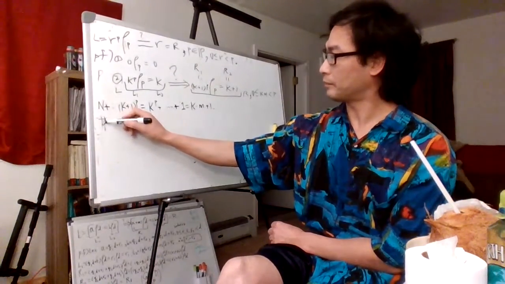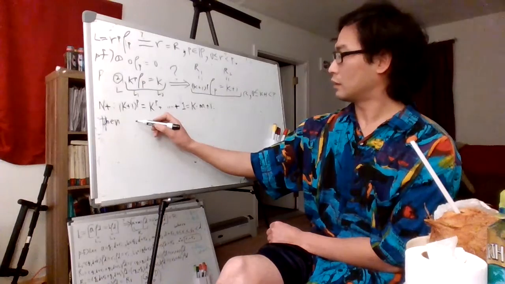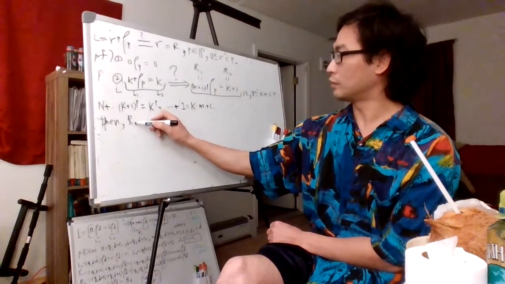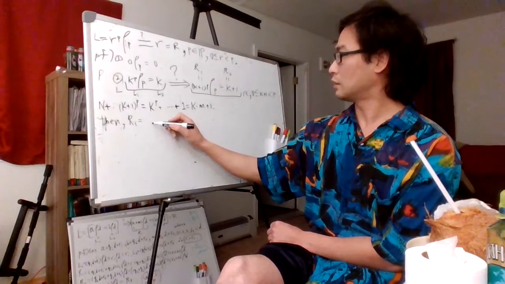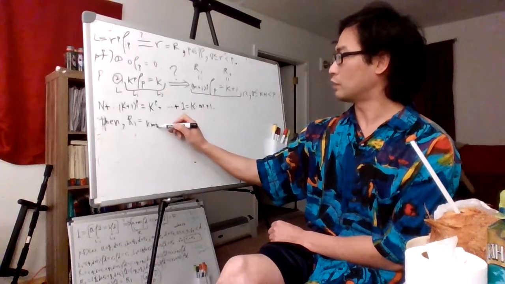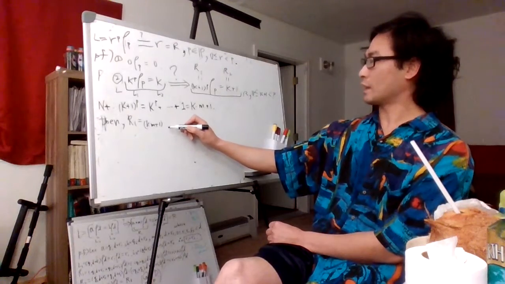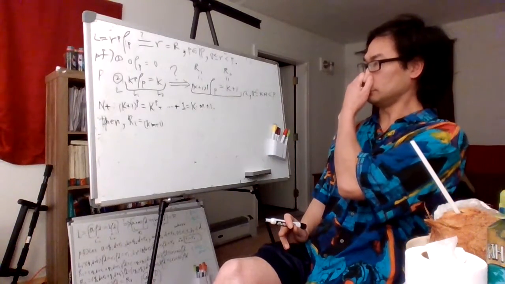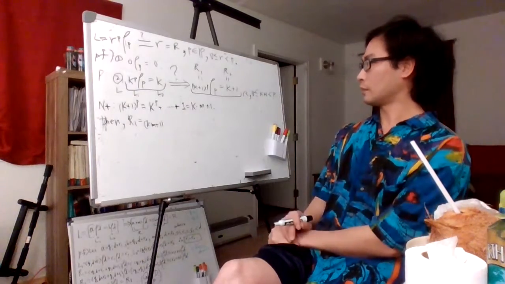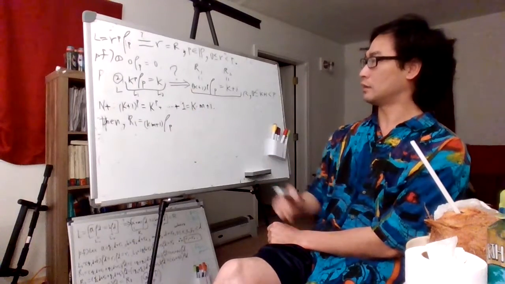Then R1 becomes, plug that in, right? (km plus 1) to the p, well, rho p.